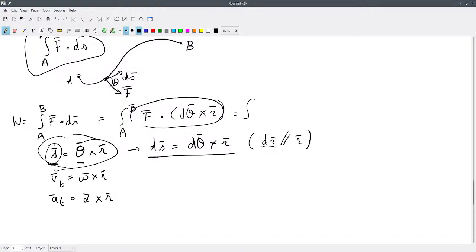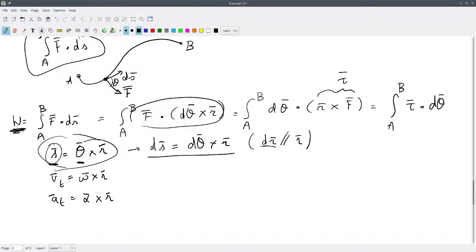So I can write this as the integral from A to B of d theta dot r cross F. And this, of course, is useful because this now gets me my torque in this expression. So it's going to turn out to be the integral from A to B of torque dot d theta. That is the expression for work in rotational dynamics.